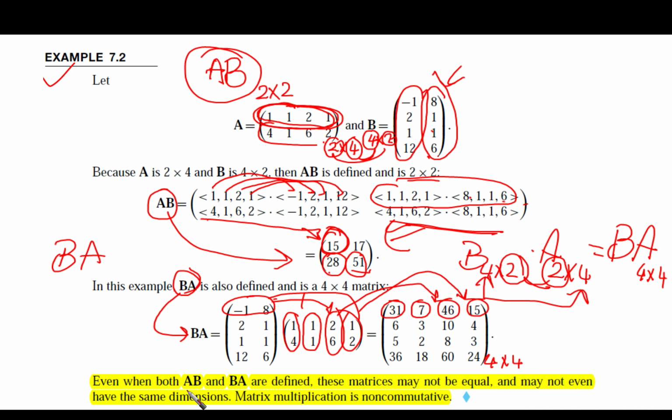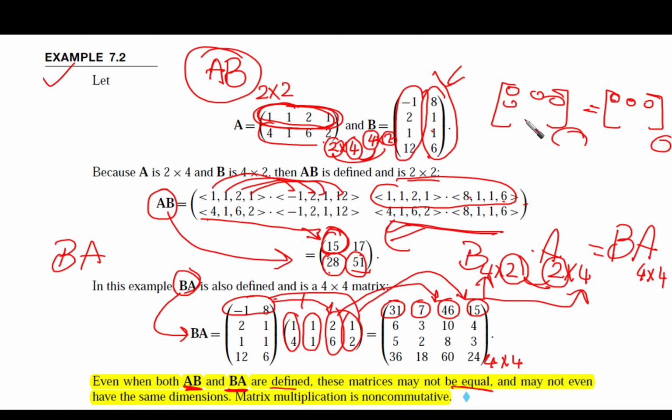Even when both A and B, which is the product AB, and the product BA are defined, as in our case, these matrices may not be equal. Okay, they are not equal. Do you remember what is the meaning of equal? Exactly, that the first matrix should equal the second matrix if we have the same dimensions, and each element inside the matrix should equal the corresponding element in the second matrix.